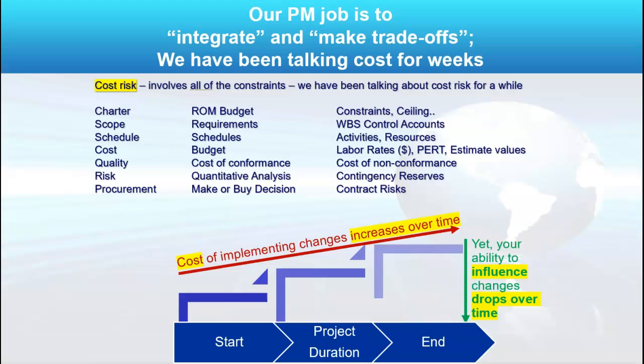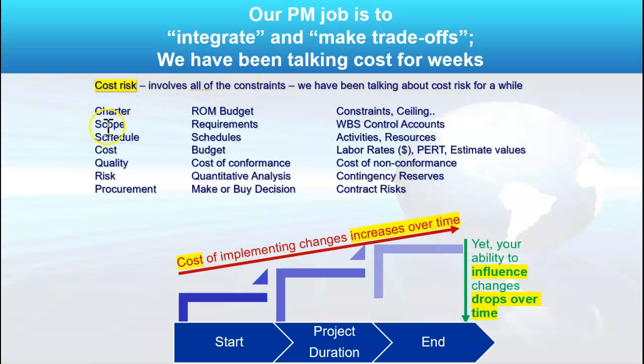And so we want to have a conversation about cost risk, which involves all of the constraints that we have about cost. And so to minimize this risk, we've been talking about, and we'll talk about cost a lot. So in the charter, moving to the right here, a rough order of magnitude budget, and that's giving us some high-level constraint or a ceiling.